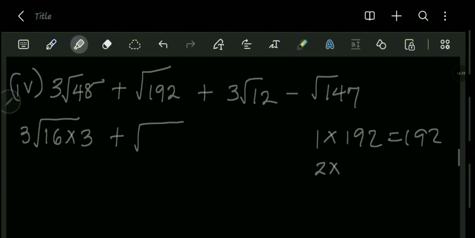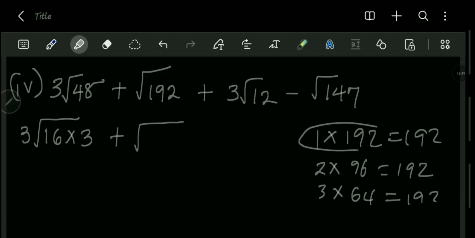Then 2 times 96 will give us 192. Let's try 3. 3 times 64 will give us 192. So I think we've gotten the number already. Between these pairs, I can only use this one because this is a perfect square. This is not. So I'm replacing this 192 with 64 multiplied by 3.